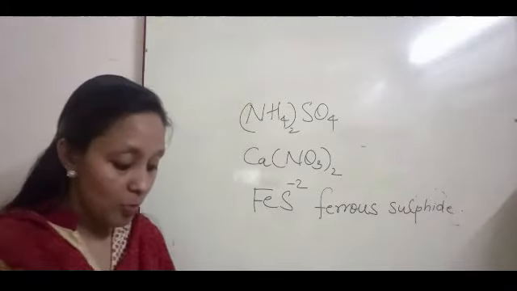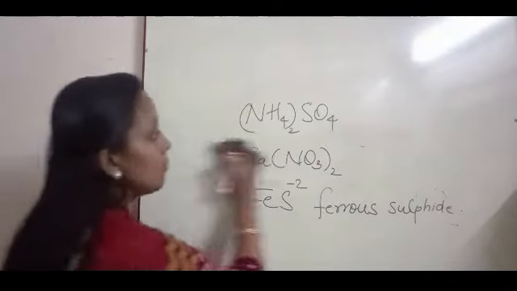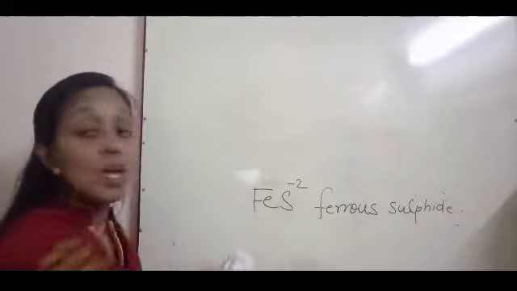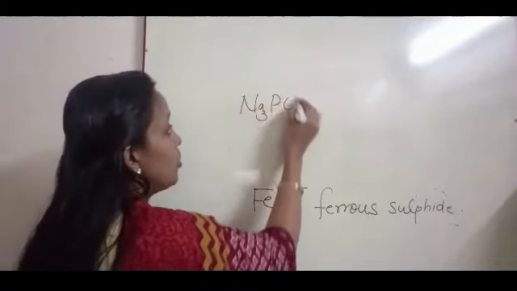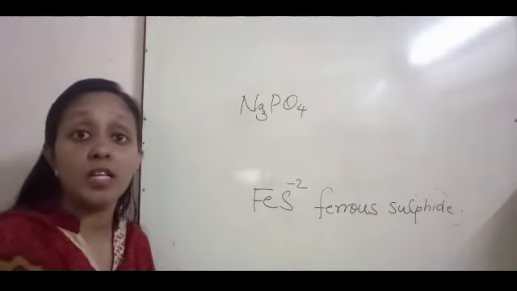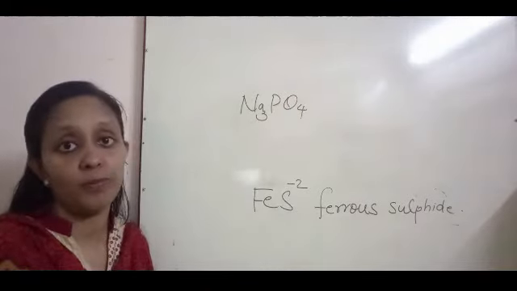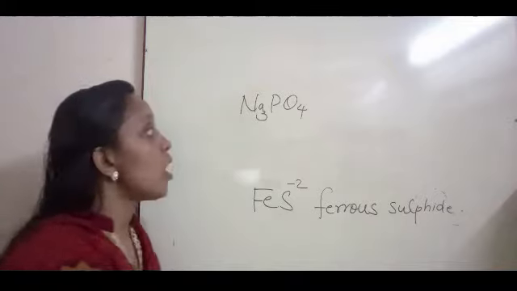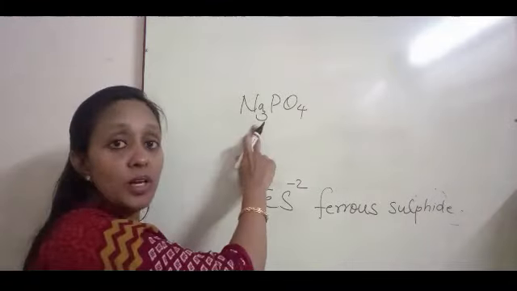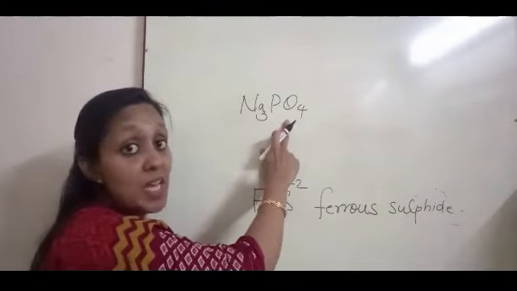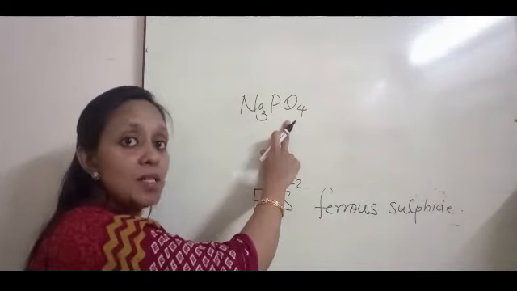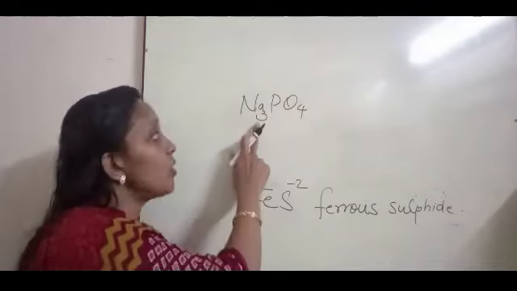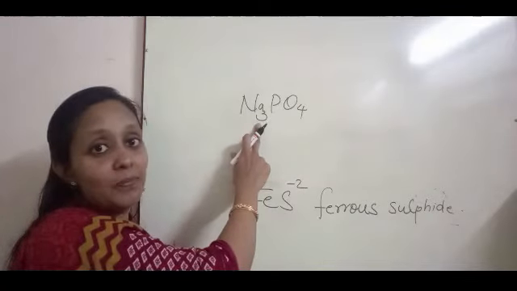Okay. Now moving on to the next one, Na3PO4. If it is Na3PO4, how do you name this compound? Have you followed, children? This is sodium and this is phosphate radical, isn't it? PO4 3 minus, and that 3 is what sodium gets.